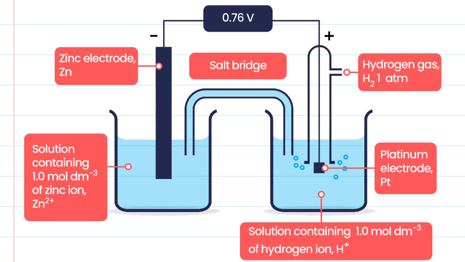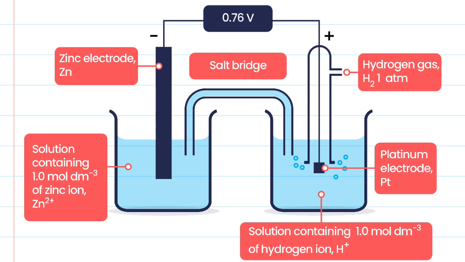Number 1, the zinc ions in the solution near the rod will draw electrons from the neutral zinc atoms in the rod and become reduced and deposited as neutral zinc atoms. Or number 2, the neutral zinc atoms in the rod will go into solution as zinc ions and leave 2 electrons behind on the metal rod. Those are the 2 tendencies we have.